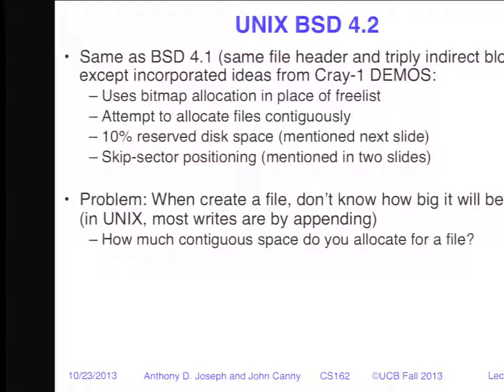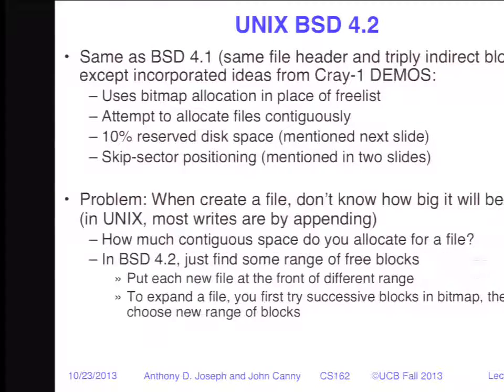Now, when we create a file, we have this big challenge of how big is it going to become? You could ask the programmer or ask the user. I have a feeling they probably won't, in most cases, be able to give you an answer. You're creating a log file. How big is it going to be? I don't know. So this really makes it challenging to figure out how much contiguous space I should allocate for this file.